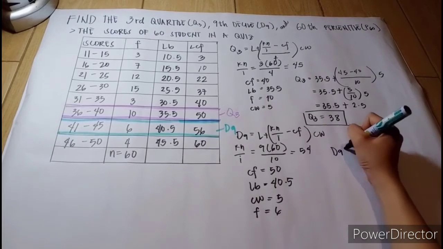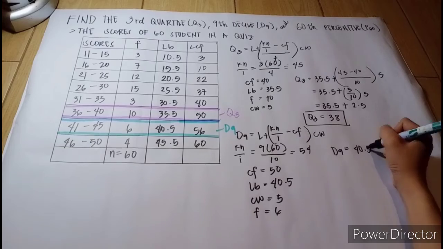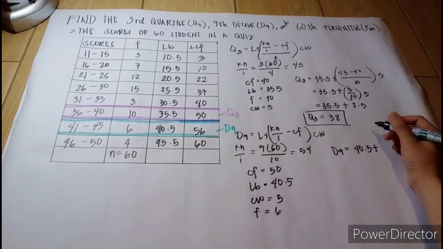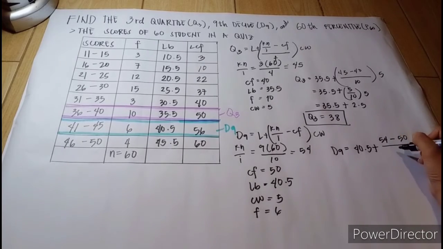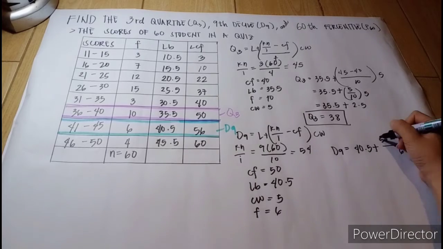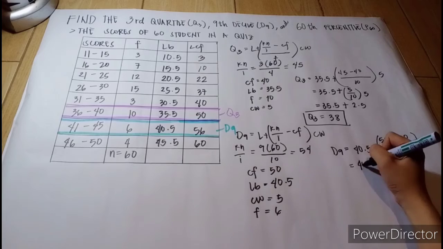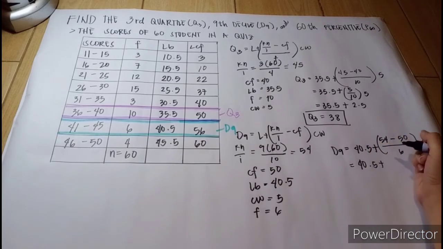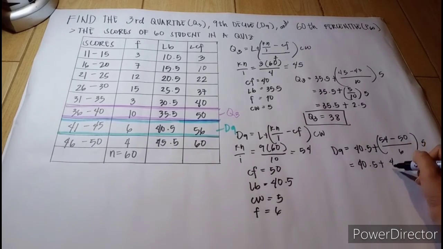So, decile 9 is equal to lower boundary, that is 40.5, plus kN over 10, that is 54, minus cumulative frequency, that is 50, over 6, the frequency, times 5. 40.5 plus, so now we subtract 54 minus 50, that is 4 over 6 times 5.